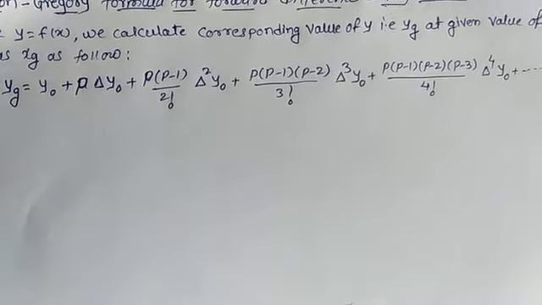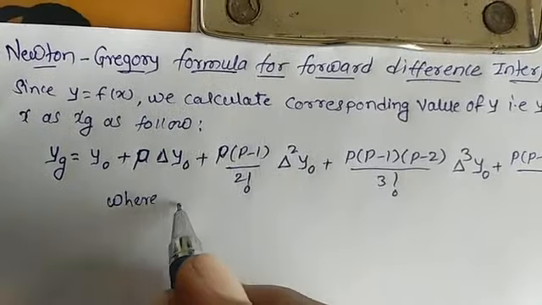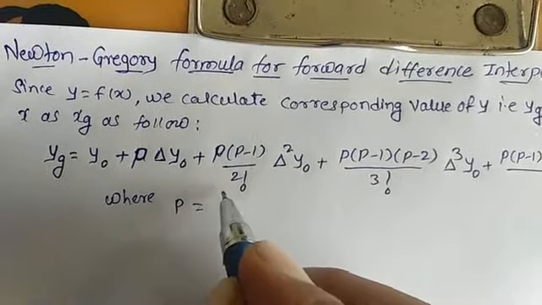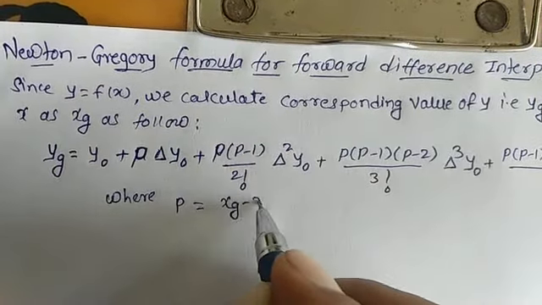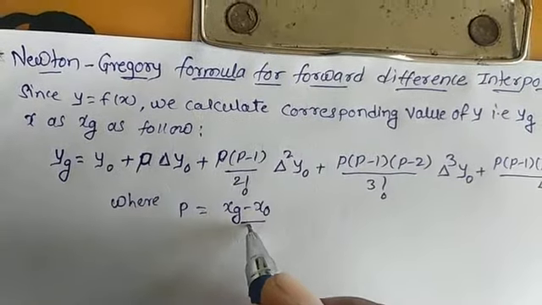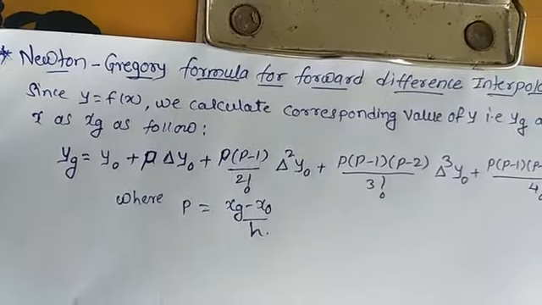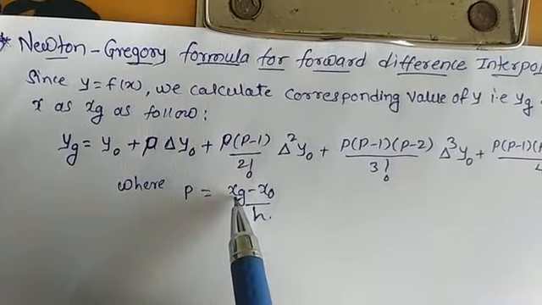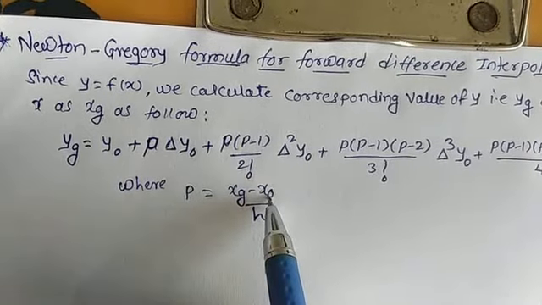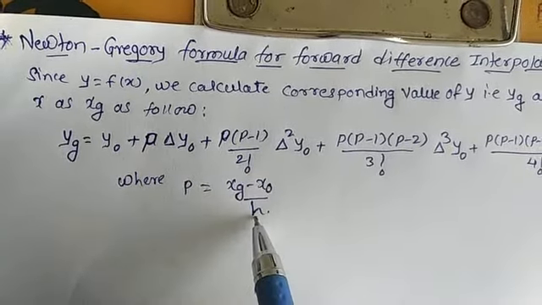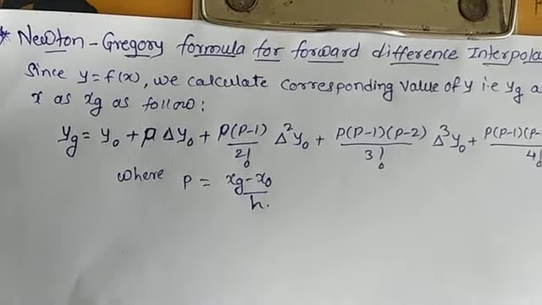Where p is equal to xg minus x0 upon h, where xg is the given value, x0 is our first initial value, and h is the difference between two values of x.